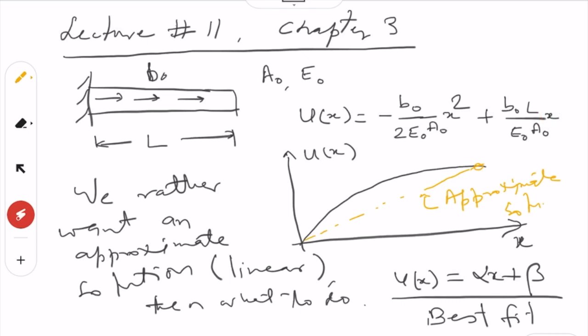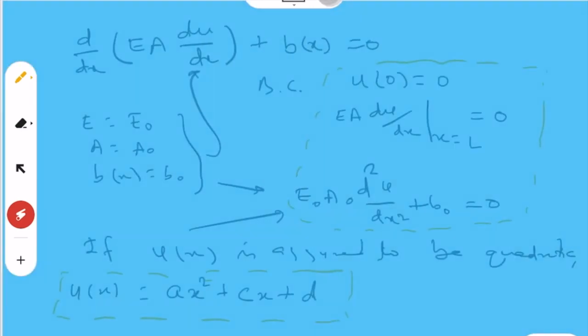B naught L square over E naught L here, so minus B naught L square over 2. So what you get is plus B naught L square over 2 E naught A naught.